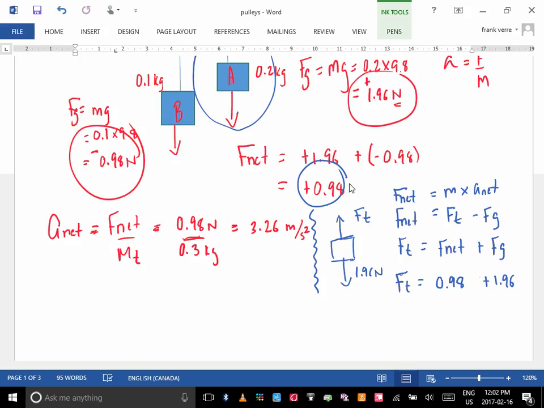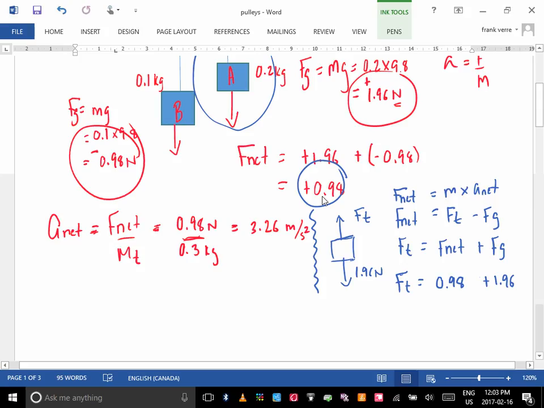Initially, we did not talk about up and down. We said positive is clockwise, and negative is counterclockwise. So this positive 0.98, does that mean down or does that mean clockwise? It means clockwise. But which way is the mass moving?